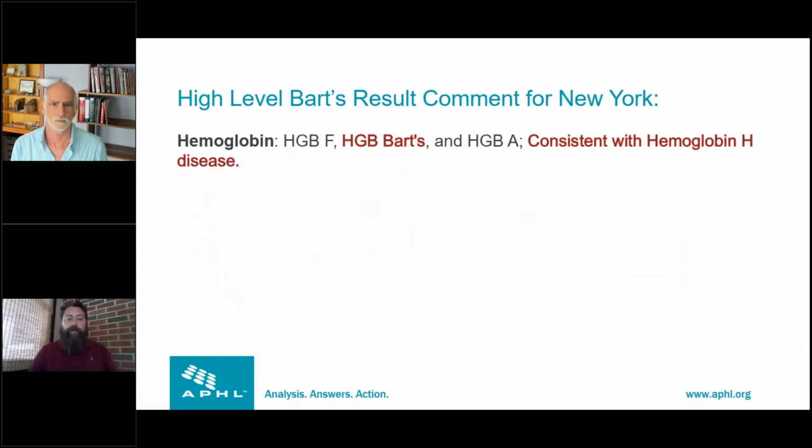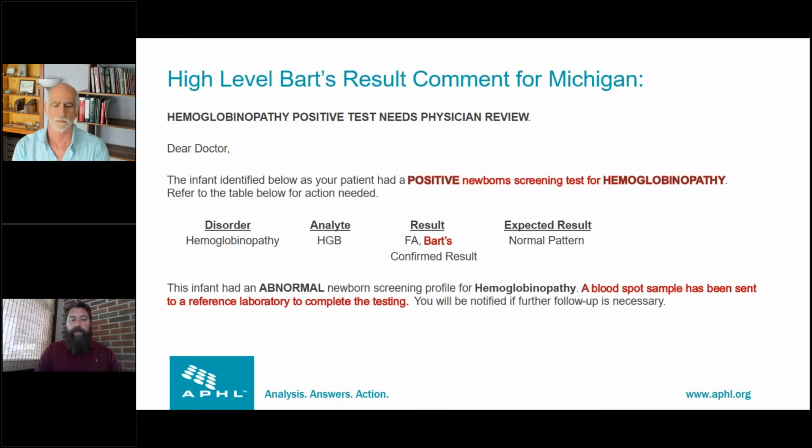So I'm going to give you just lastly 4 state examples of what the screening result comment would look like to show you the variation. And I'm only going to do it for the highly elevated BARTS, or the presumptive positive hemoglobin H. And so this is New York's, and I've highlighted in red the main points of what they say, and there's a common thread between all states of what is said in these, but some say more than others.